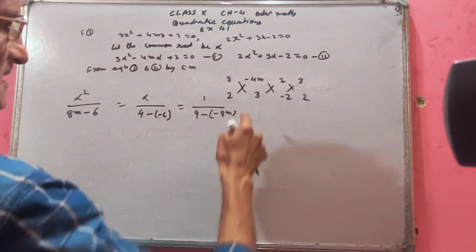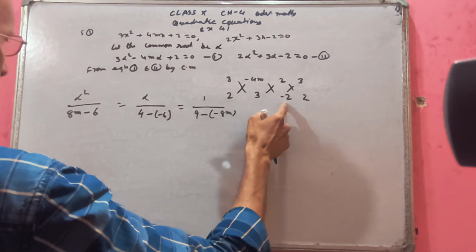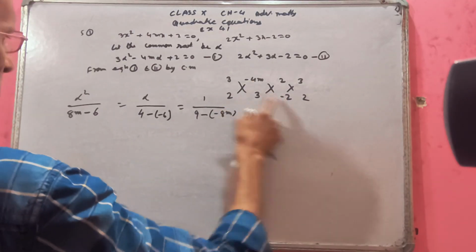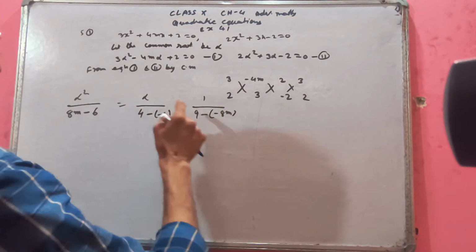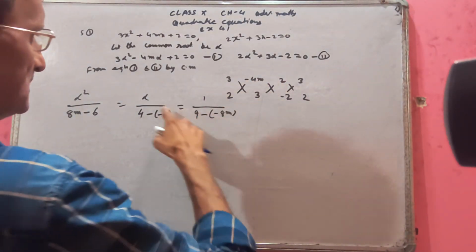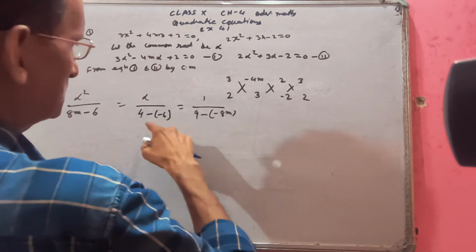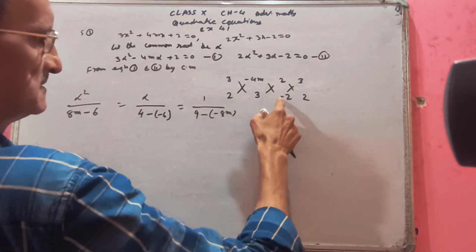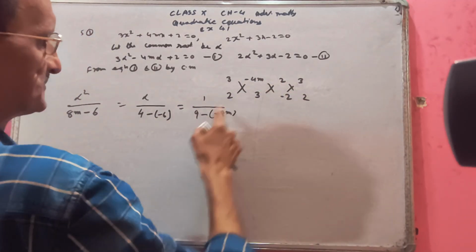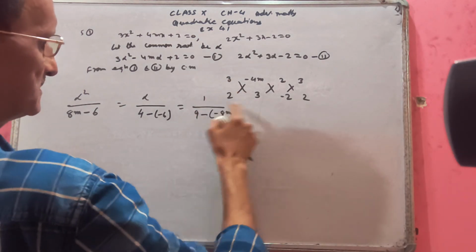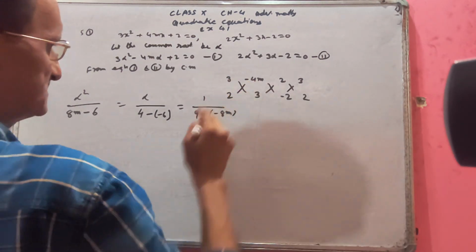Alpha square by 8m minus 6, and alpha by 2 into 4 minus 6, and 1 by 3 into 3 is 9 minus 8.